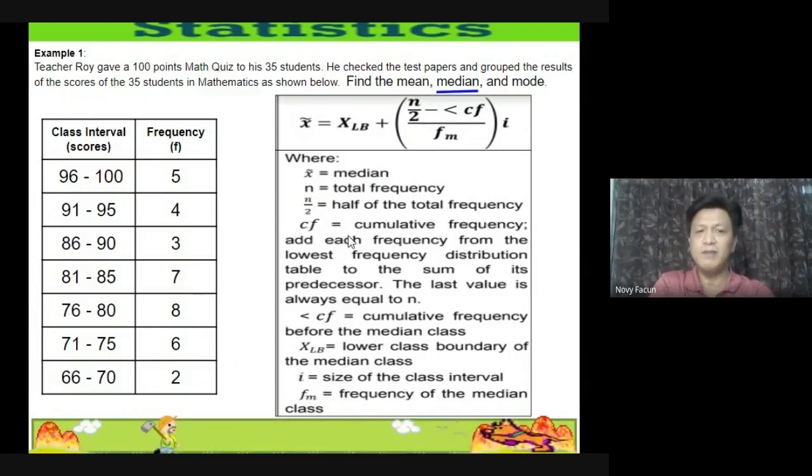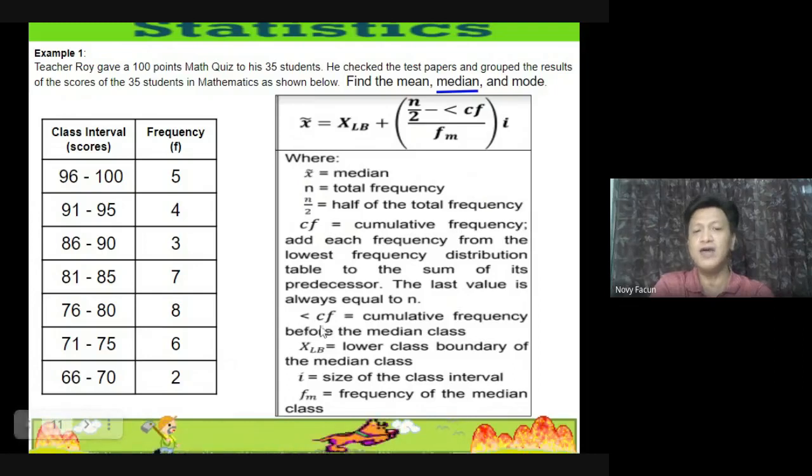CF is the cumulative frequency: add each frequency from the lowest in the frequency distribution table to the sum of its predecessors. The last value is always equal to N.